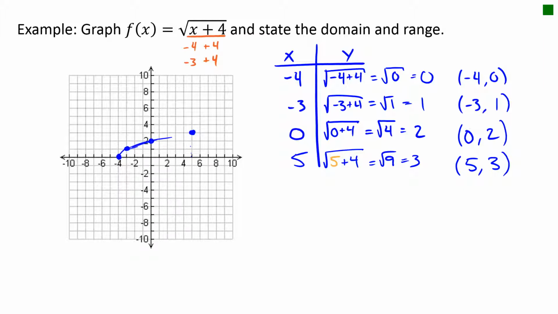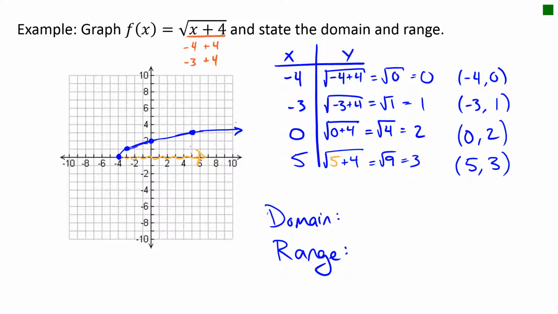Take your time, make sure it looks like a nice smooth curve. And there's my graph. And then finally, state the domain and state the range. So the domain, we see all the x values are climbing from x equals negative 4 onwards.